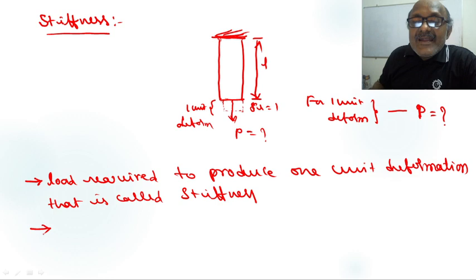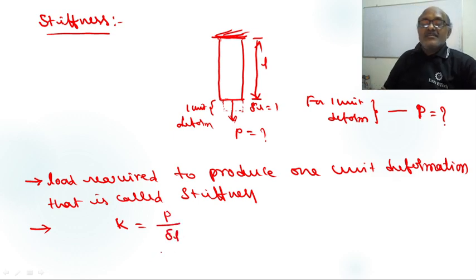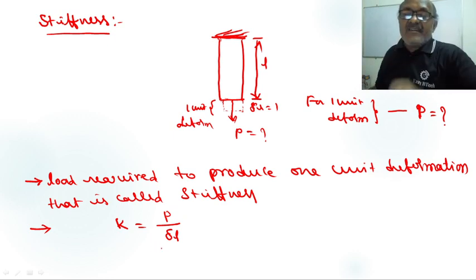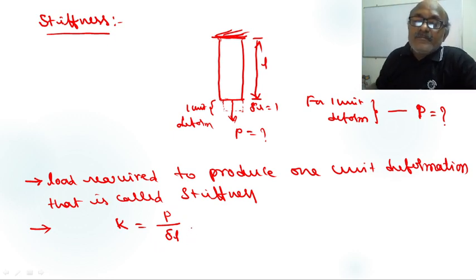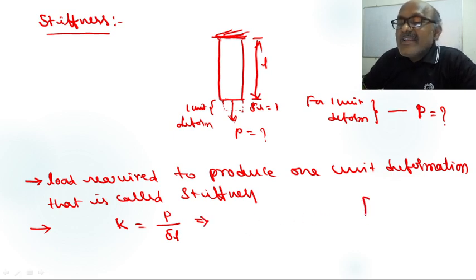So mathematically, stiffness is represented by the letter K. K is equal to the load required to produce 1 unit deformation or 1 unit deflection. But we know, according to strength of materials, delta L is PL by AE.